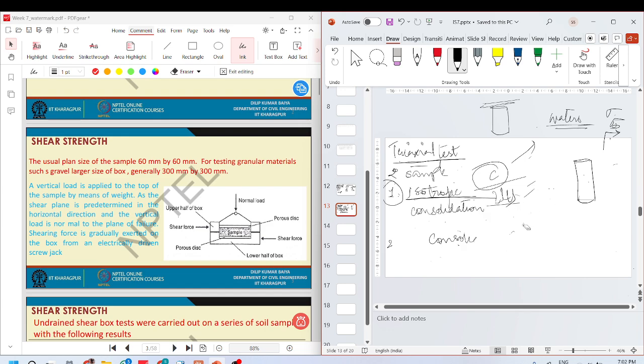Okay. So we talked about the first stage, that is the consolidation stage, and the second stage is your loading stage. During the consolidation stage, you have loaded your sample isotropically to a particular stress. Now, what you do is you don't apply shear stress.